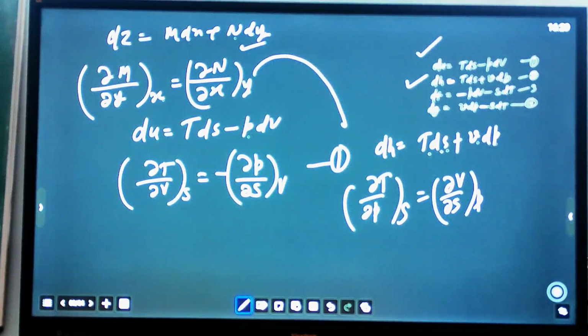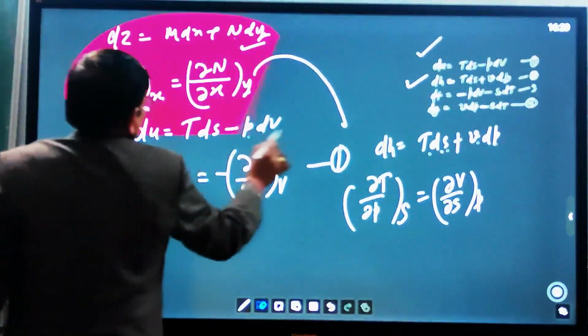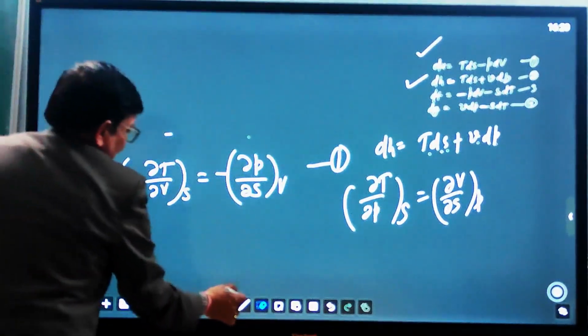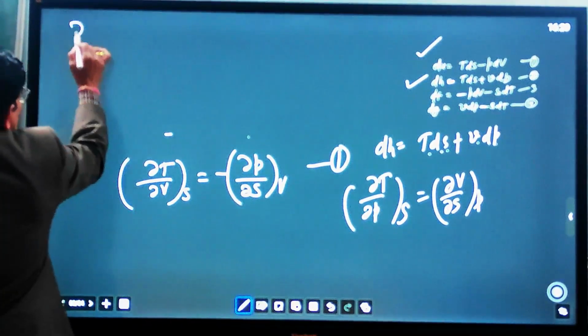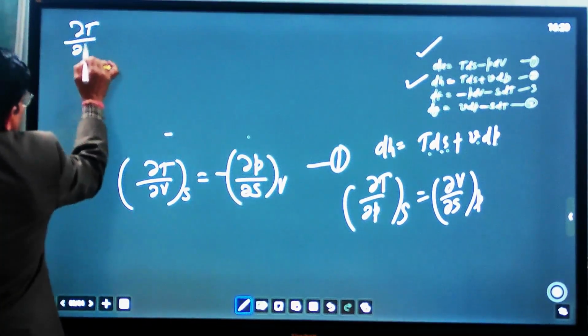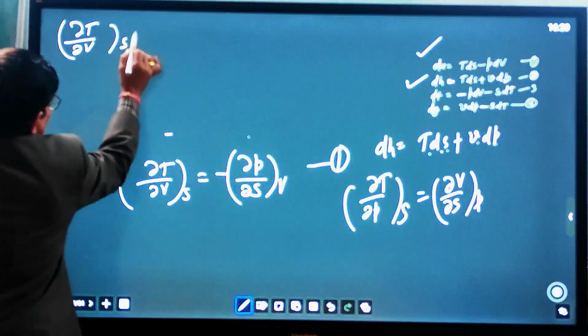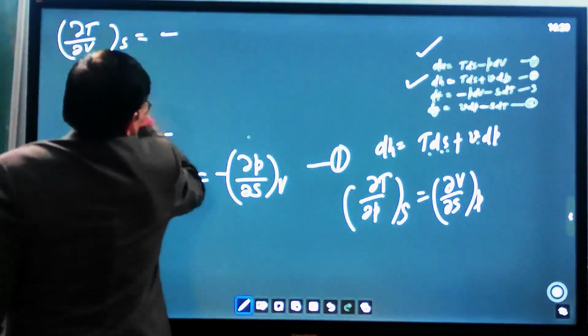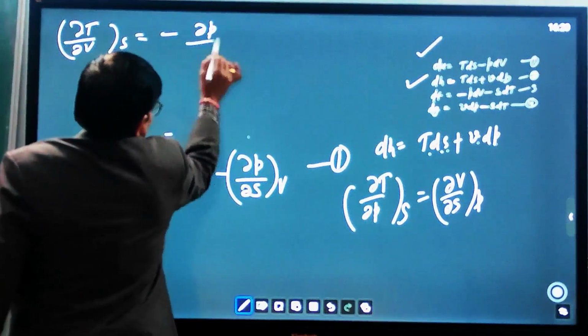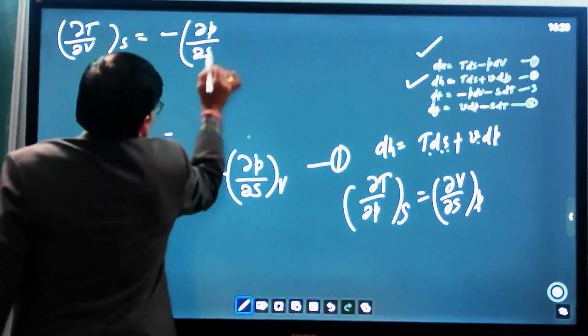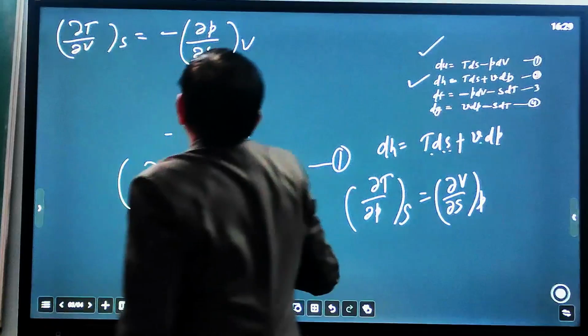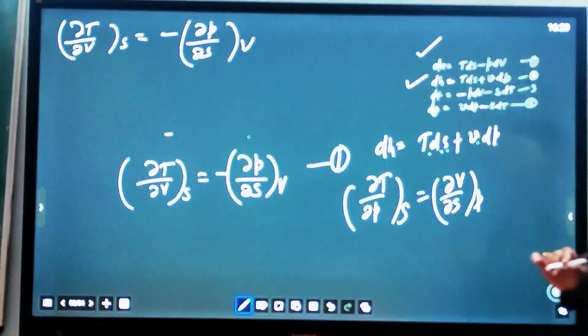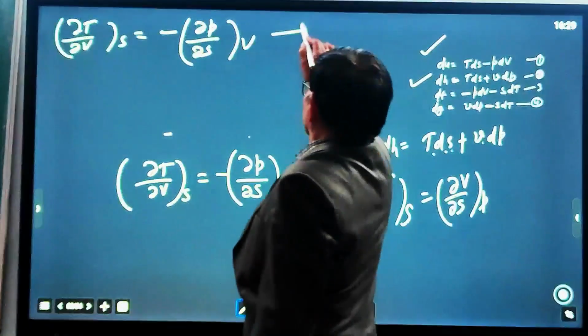In this way, we can write all four equations. Again, writing all the differential equations in one place. This is del T over del V at constant S equal to minus del P over del S at constant V, corresponding to the first equation.